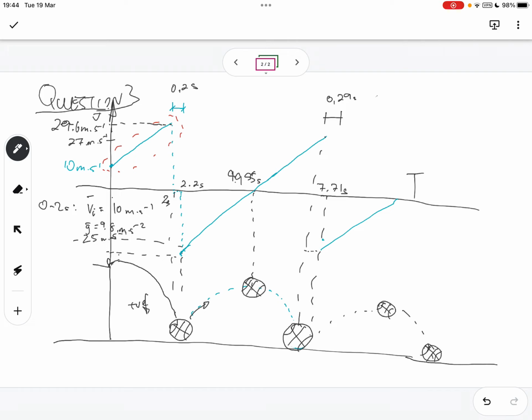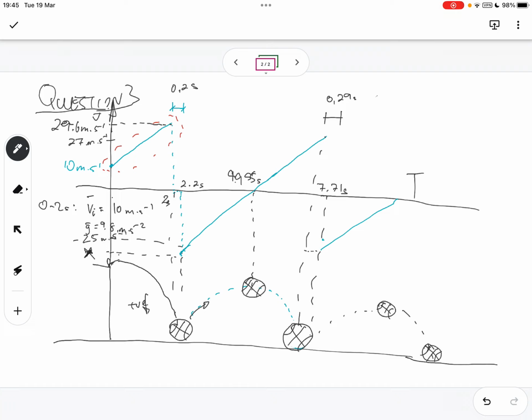And just another thing, it seems like there's a pattern. The first velocity before the bounce, the maximum, was 29.6. And then there was the first bounce. So that should be less than 29.6, but it could be more than 27, but it's definitely more than 25.